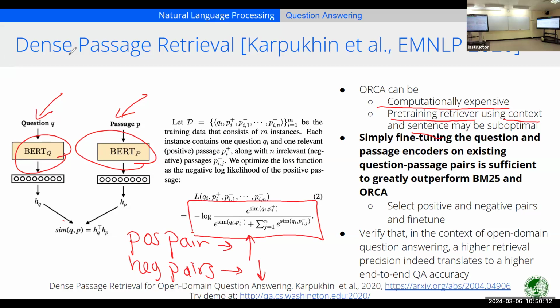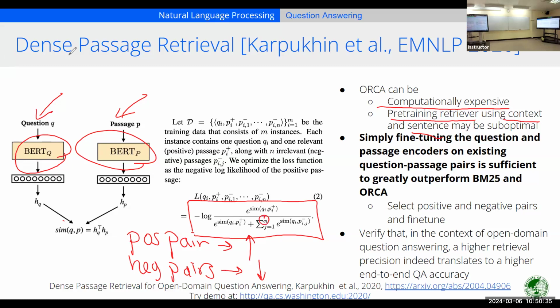The loss function basically takes the positive sample's dot product, the similarity, puts an E on it to make it a probability, divided by that same term plus the negative samples. How many negative samples in this equation? It is N.